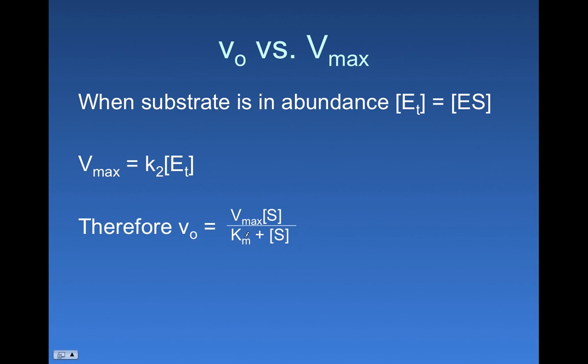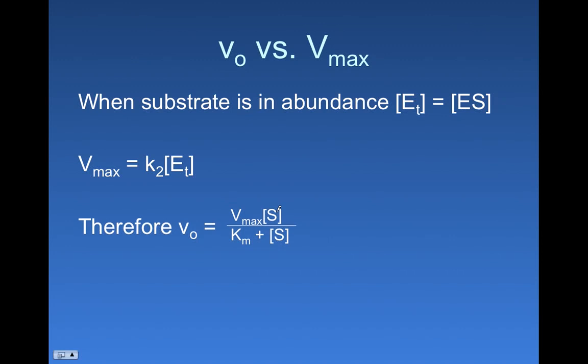Now, if Km, which we know to be a substrate concentration, is equal to the substrate concentration, then the denominator of our equation here is going to equal 2 times the concentration of substrate. Concentration of substrate plus concentration of substrate is 2 times the concentration of substrate.